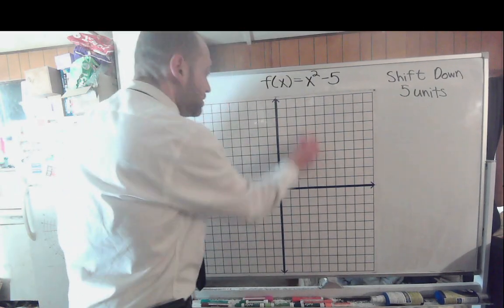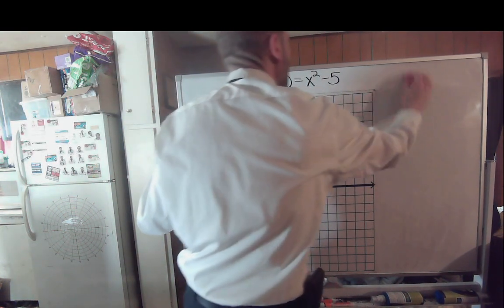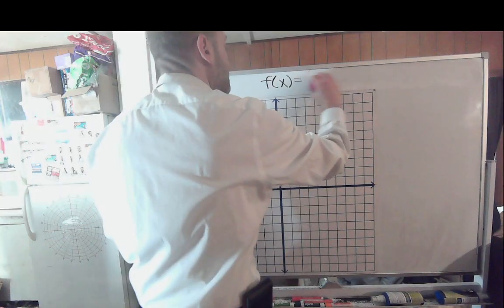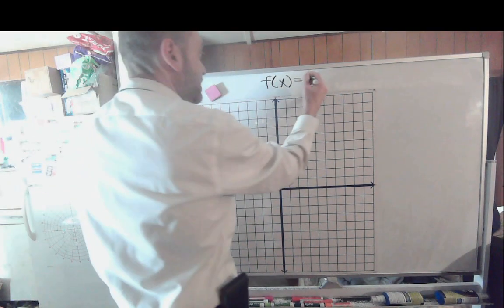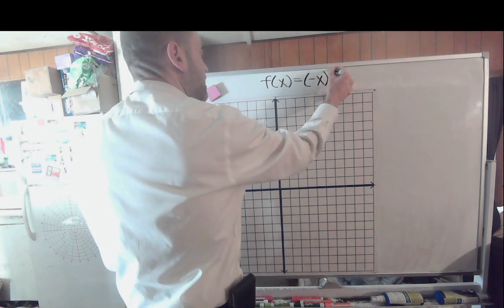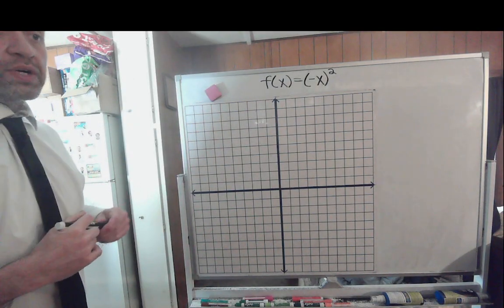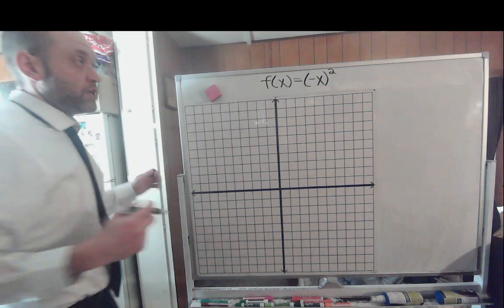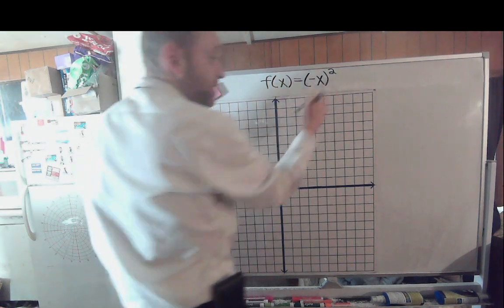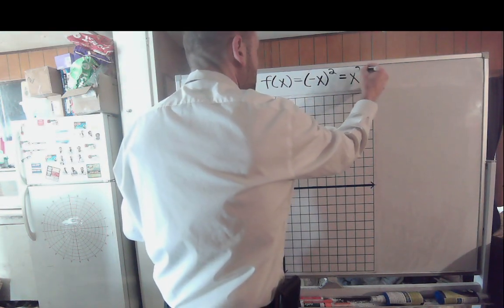Alright, now, what if we do a reflection? Let's take f of x equals the negative of x squared. Well, what's going to happen? If we take negative x, raise that to the second power, you'll just get x squared.